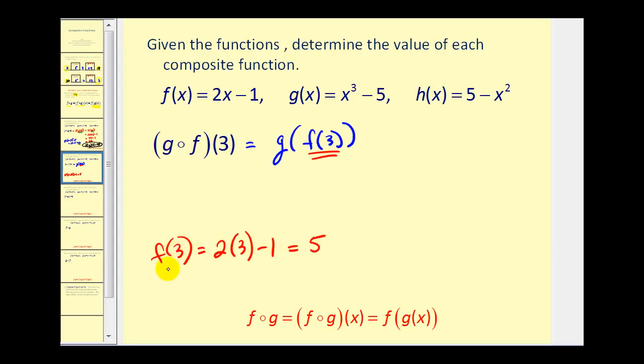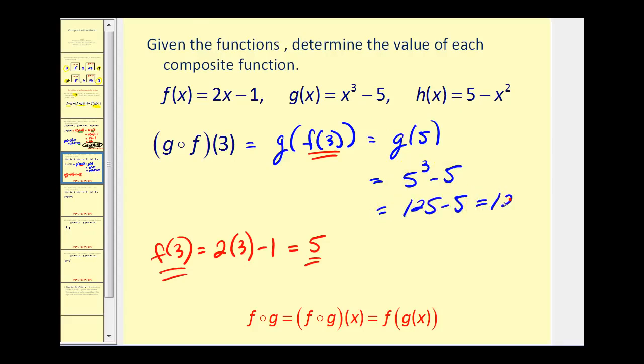So f of 3 is equal to 5, so we can replace this with 5. So this becomes g of 5, and g of x is equal to x cubed minus 5, so we'll have 5 cubed minus 5. So that's 125 minus 5, which is equal to 120. So this will be the value of g of f of 3.